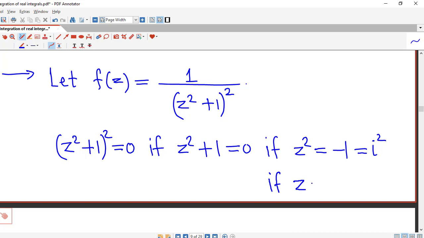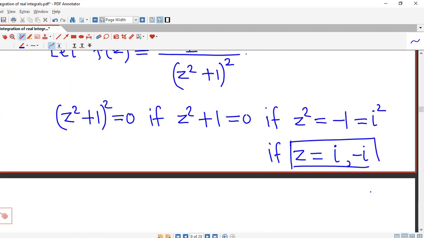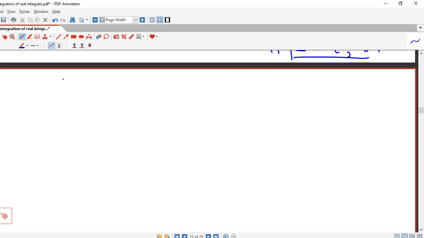So this is z equal to plus or minus i, that is i and minus i. So f(z) is analytic everywhere except at these 2 points, z equal to i and z equal to minus i. But we can see z equal to minus i is in lower half plane.